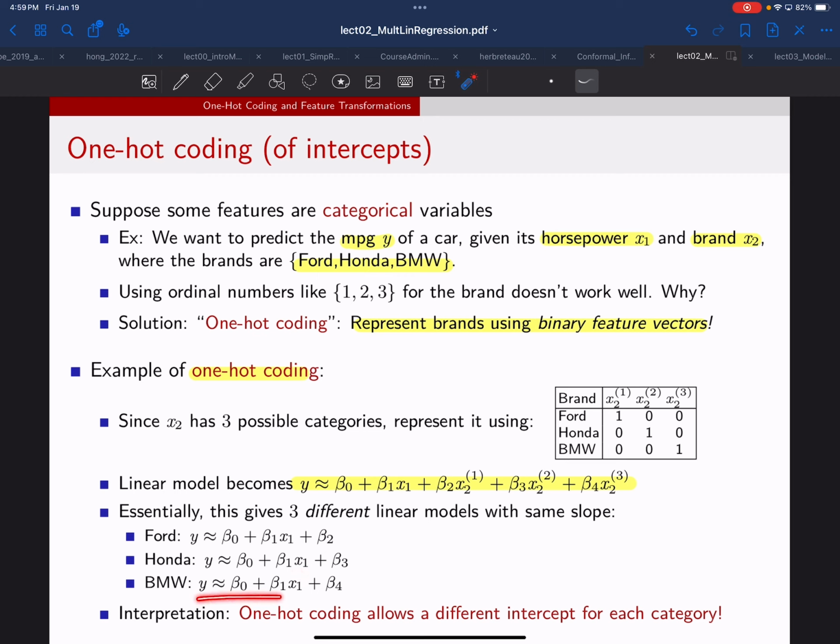For the Honda samples, you get 0, 1, 0. So those go away, and you get this. And for BMW, you get that. And so now you can see, oh yeah, we get a different slope, but the same intercept for every brand. Okay, so it's just another way to do one hot coding.